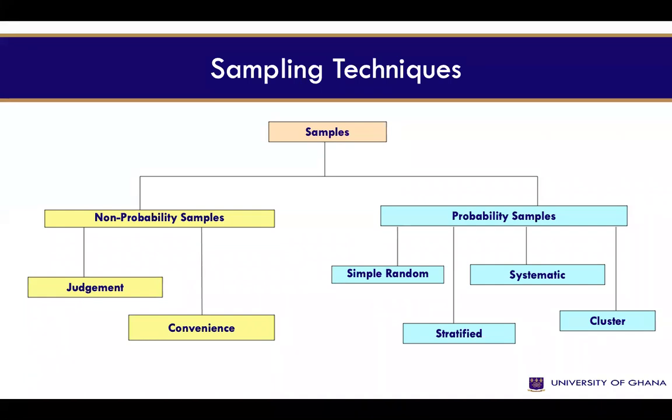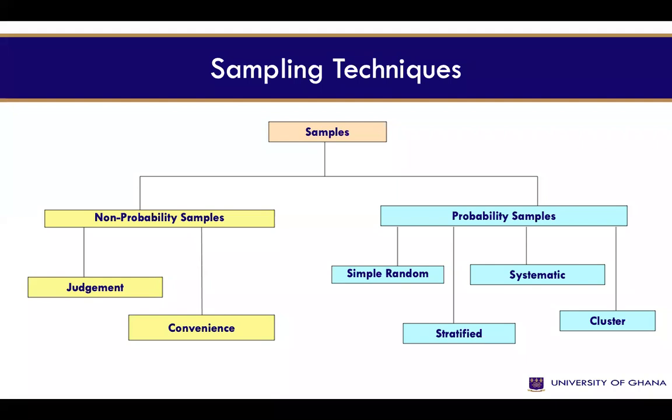But in non-probability sampling, that's not what happens. People do not have equal probability of being selected. Simple random sampling, systematic sampling, stratified and cluster sampling are all forms of probability sampling.